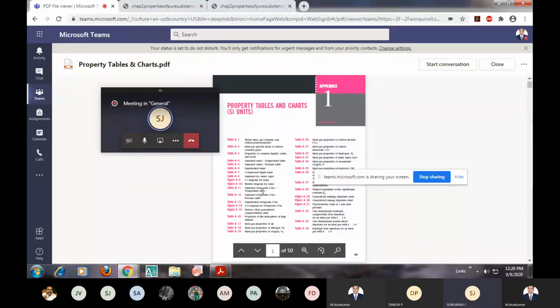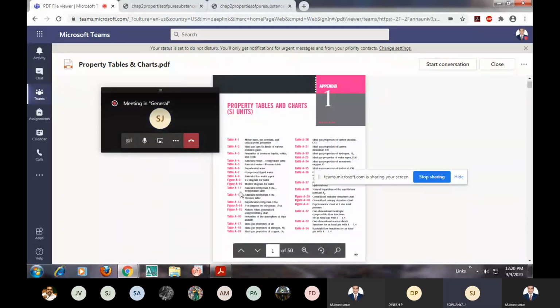I saw the values from table A5, so I got confused. Just refer to the index. Table A5 was used by the author of that slide, but we are using this property table, so we have to refer to this one.